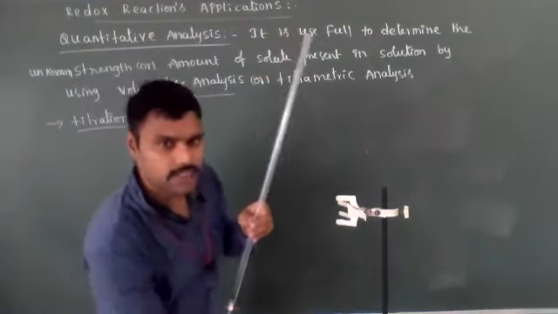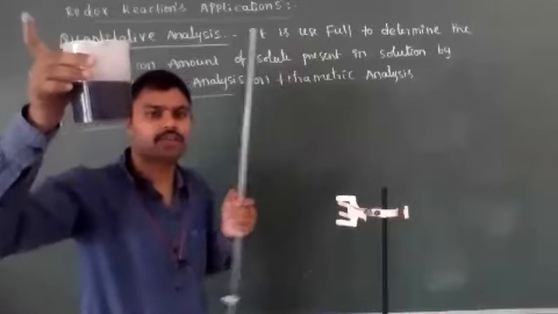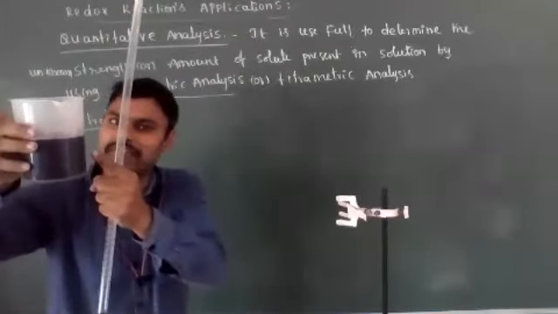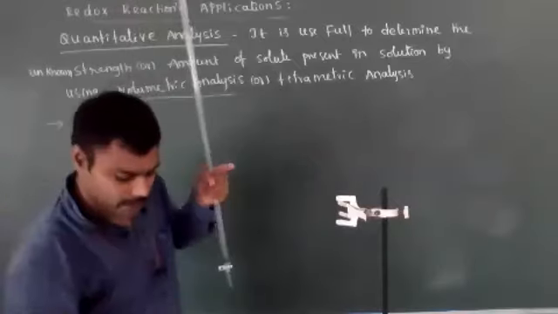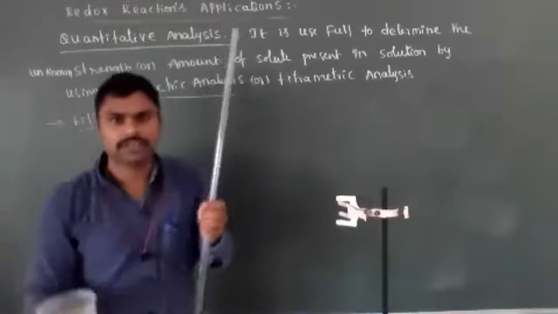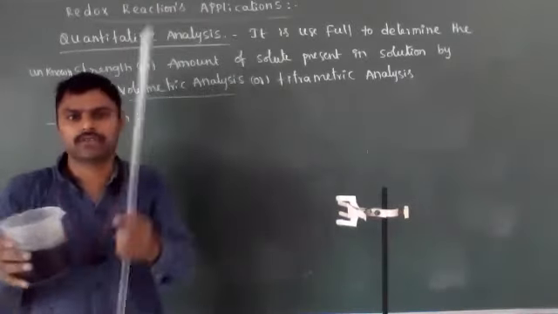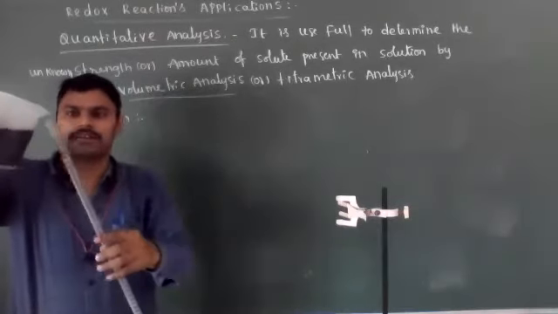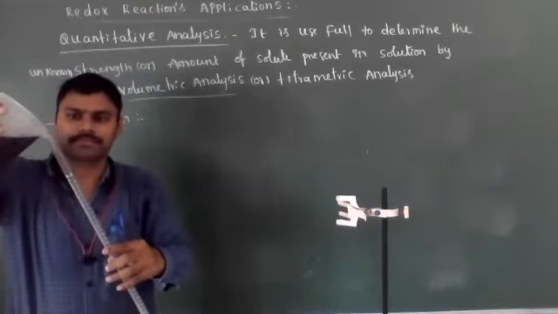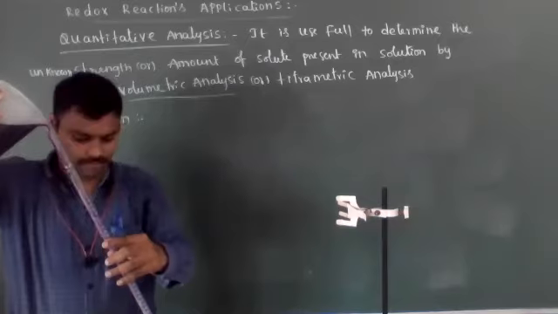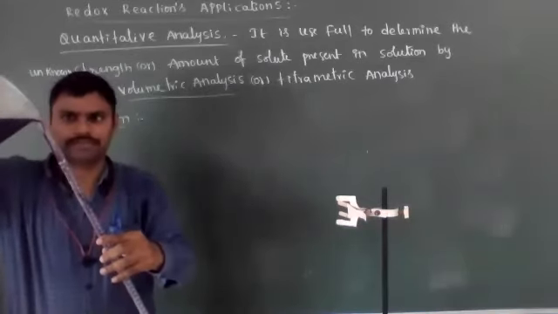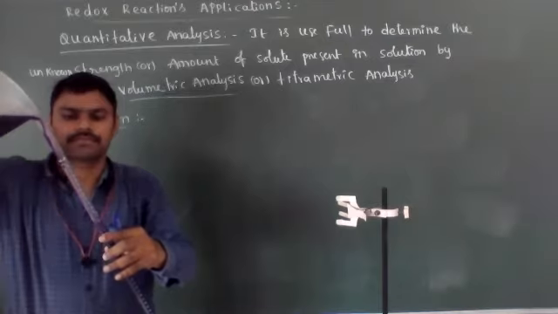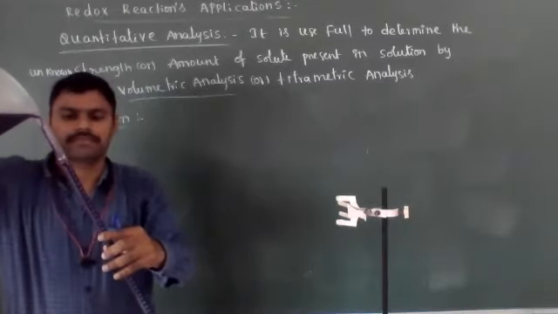For example, this solution is KMnO4 solution, potassium permanganate solution. This solution strength we don't know. So the unknown strength solution we have to fill in the burette without air bubbles.